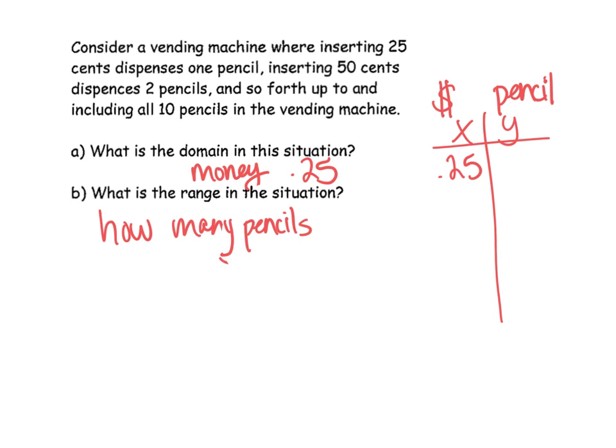What's my range? If I put in $1.75, what is my range? If my domain is $1.75, what is my range? 7 pencils. And so on and so forth, okay? That's just an example, all right?